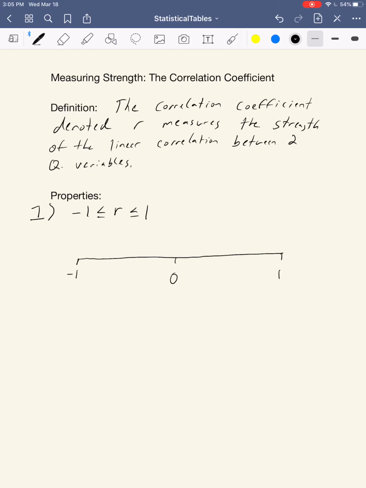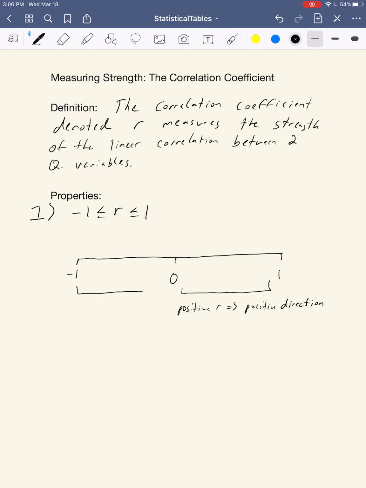Well, this tells us a couple things here. In this section over here, where you'd be getting positive correlation coefficients, that would be things like 0.2 or 0.5 or 0.8 or something like that. If you get a positive R, this implies a positive direction. So while the correlation coefficient is there as a measure of strength, the sign of the correlation coefficient, whether or not it's positive or negative, actually also relates to the direction.